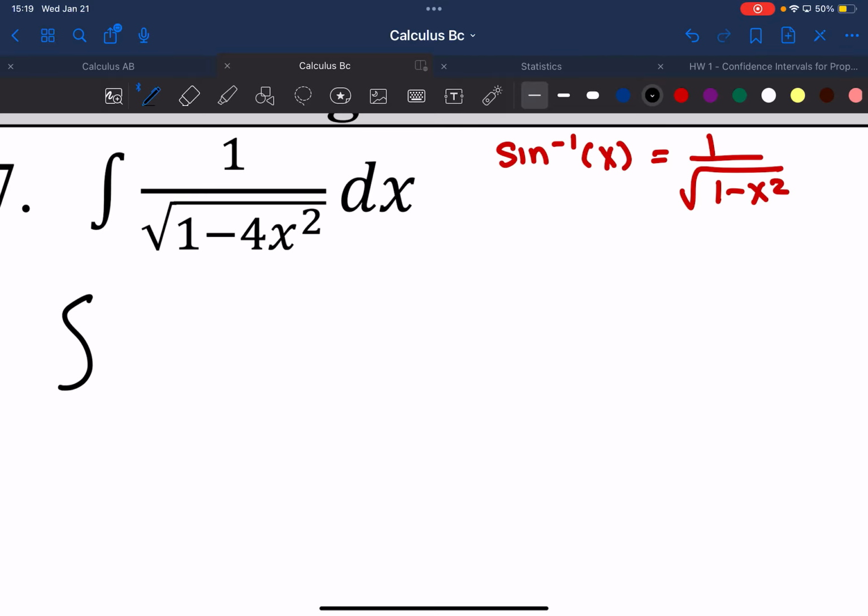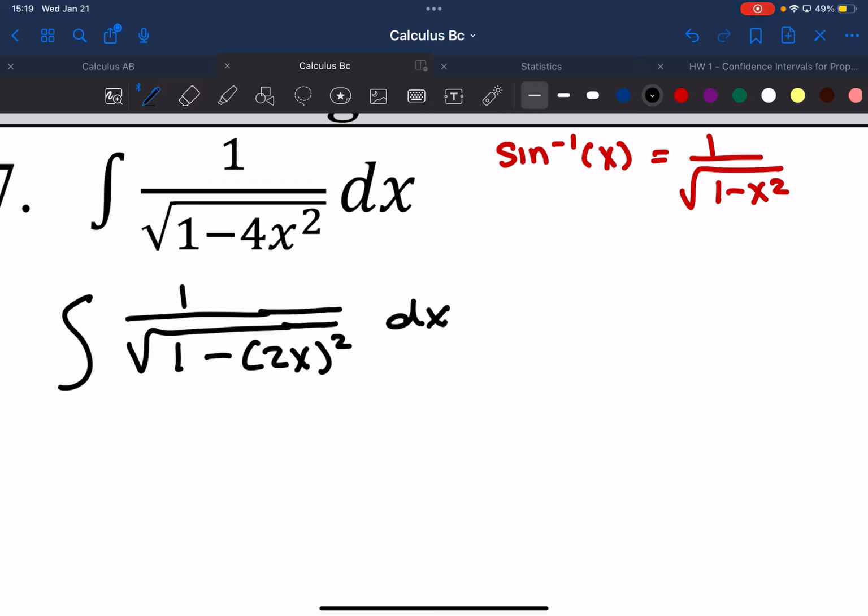I'm going to rewrite this to be 1 over the square root of 1 minus (2x) squared dx. Did I change the problem at all, or did I just manipulate it? Right, because 4x squared is the same as 2x in parentheses squared. I could give the square to both of them. When I do that, does it make it obvious what my u should be?